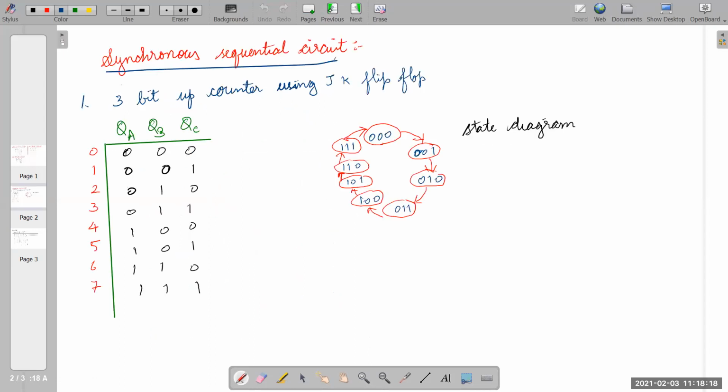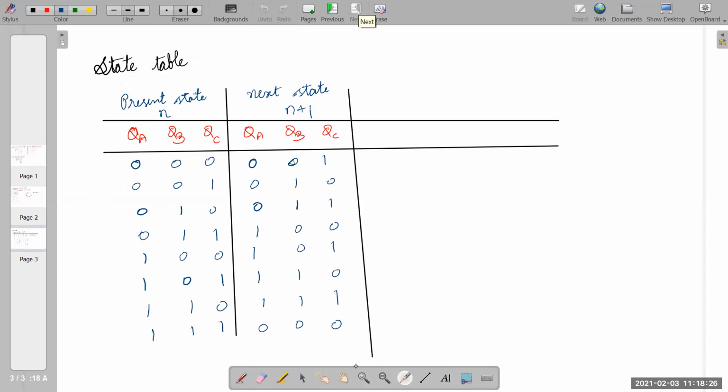See, this diagram only I have represented in the tabulation form. A state diagram in the tabulation form is called a state table. It relates the present state and next state. For present state I am using the notation n, for next state I am using the notation n plus 1. Now we have to decide what flip-flop we are using. As I said earlier, we are going to use only JK flip-flops.